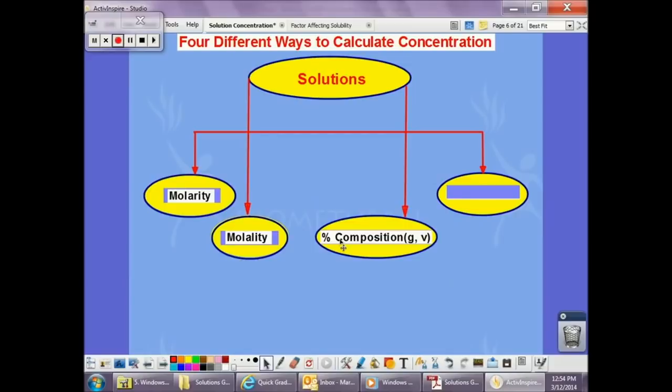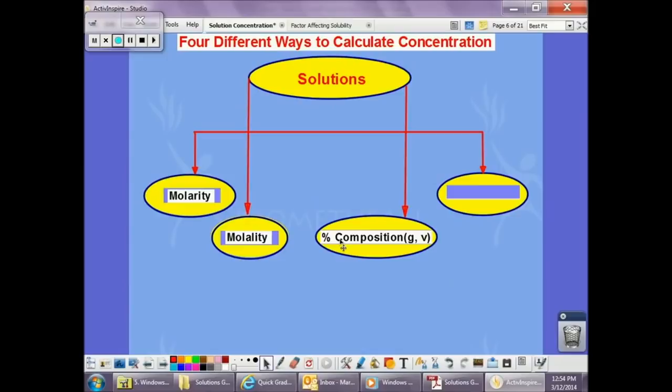Okay, percent by volume. And we will discuss the formula for each one. I don't want to confuse you too much because today we are just going to concentrate on molarity. Next week, next block period, you will have a quiz on at least 2 of them. Next week I will let you know which one.